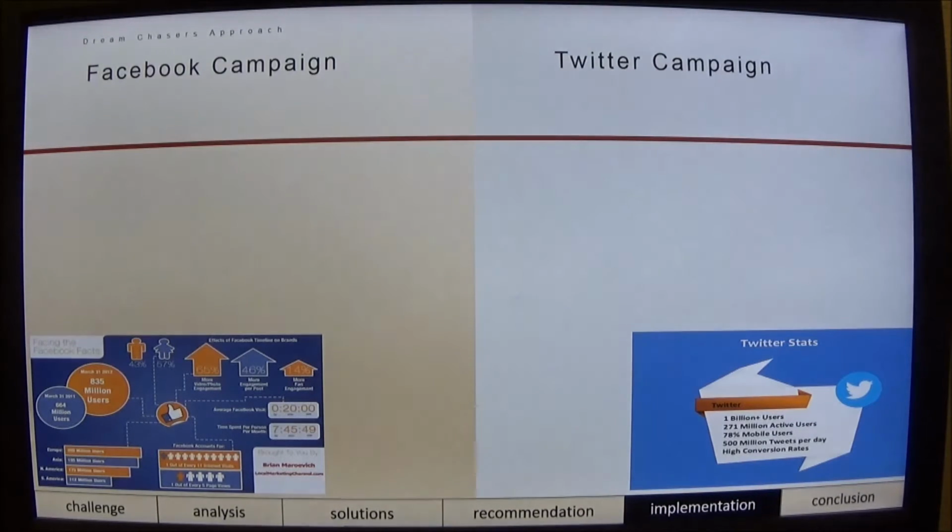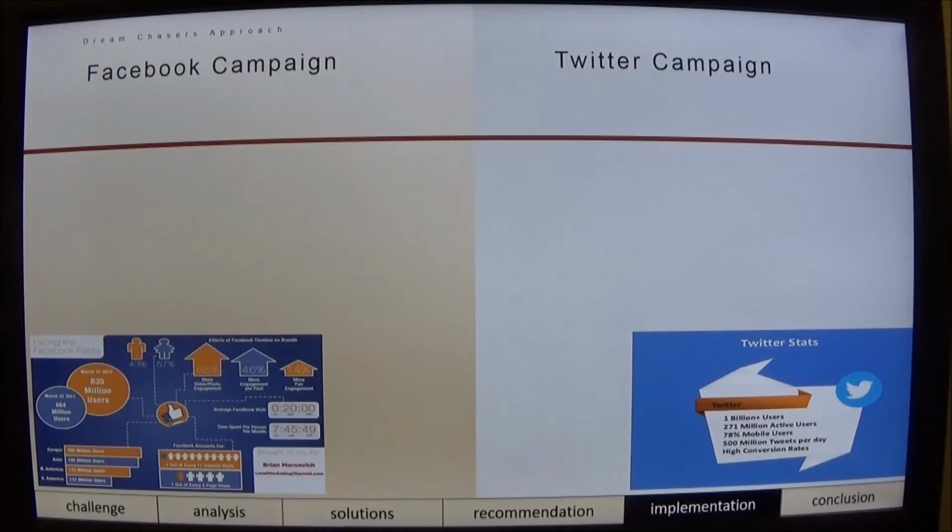So Facebook and Twitter, the biggest platforms there are, and the two most important platforms such a company wants to be present at. So Facebook and Twitter are really frequently used daily. As you can see, Twitter has 500 million tweets per day, and it's increasing every day. It's really incredible. But okay, let's go on.